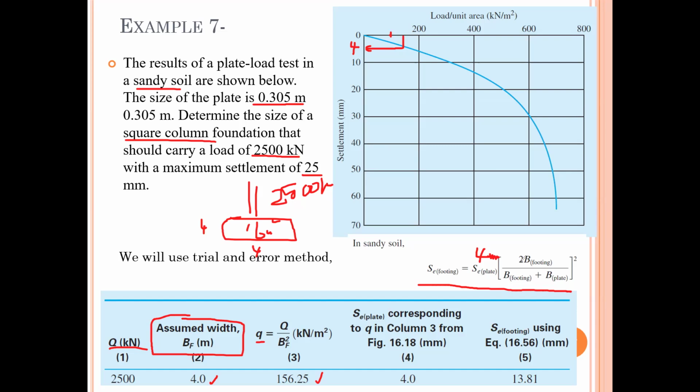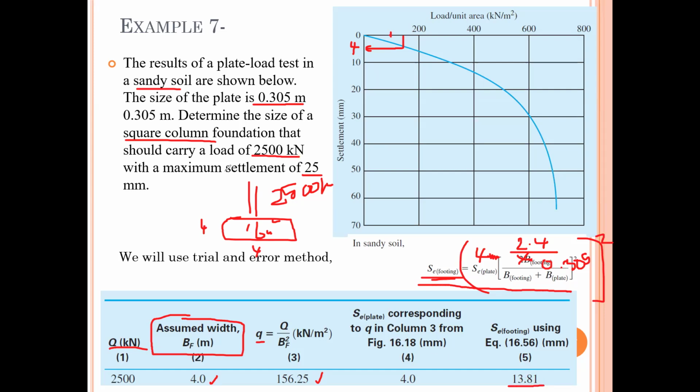The dimension of the footing is 4, and the width of the plate is 0.305. So with this equation for a square, we should be getting the settlement of the footing this much.